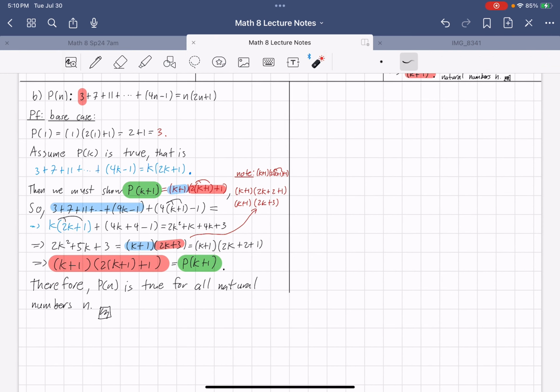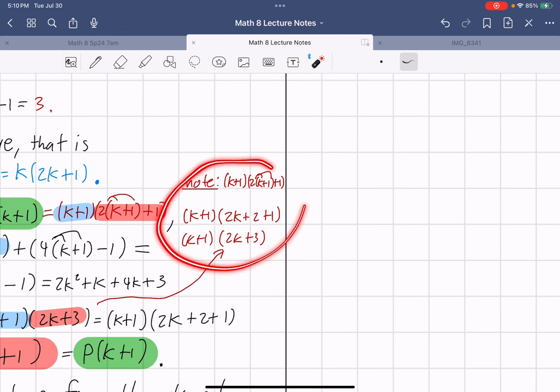Now this is really where the problem becomes, where you have to try to find how we can manipulate it to get here. And this is a technique I sometimes follow, where I have some side work that guides my thinking.